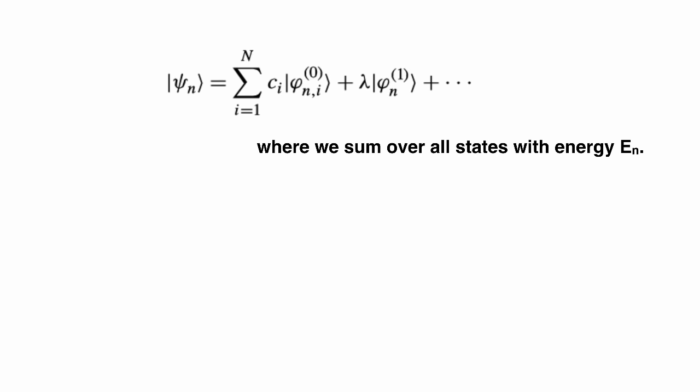So as opposed to what we were doing before, this zeroth order correction to the problem is now a linear combination of the degenerate states for that given energy. We don't know what the c_i are. We just know that we can use a combination of them. And what we are going to see now is that turning on the perturbation will actually give you the values of the c_i you should use.